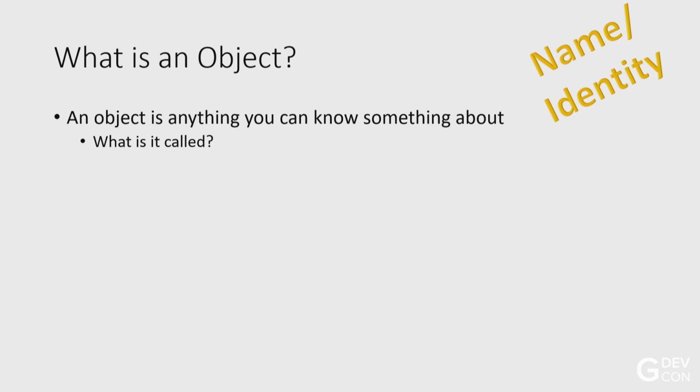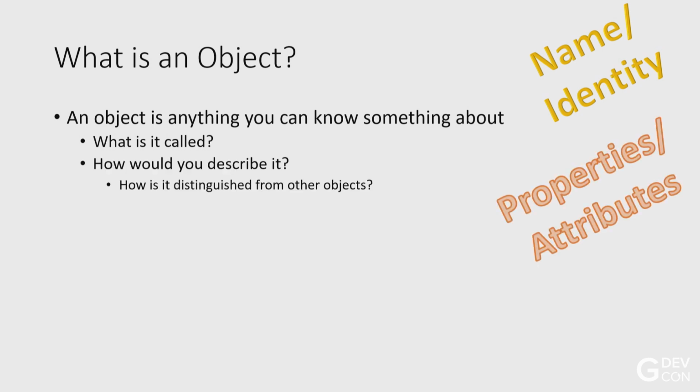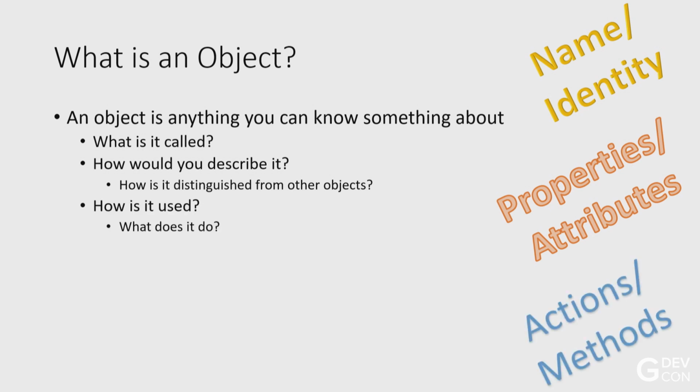The things that we need to know about these objects are a name or an identity. This here is a bottle opener, that's its identity. Next, it has properties and attributes such as owner, weight, size, shape. And then lastly, I need to do things with this object, such as here, opening a bottle or opening a can with the lever.